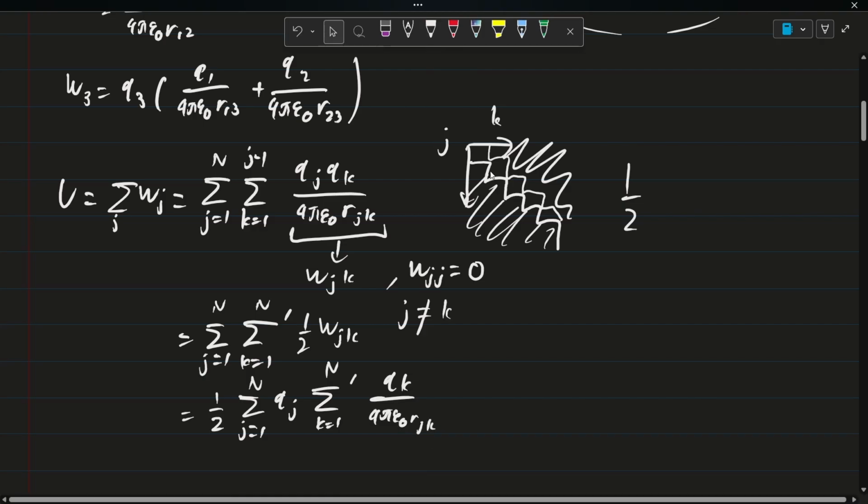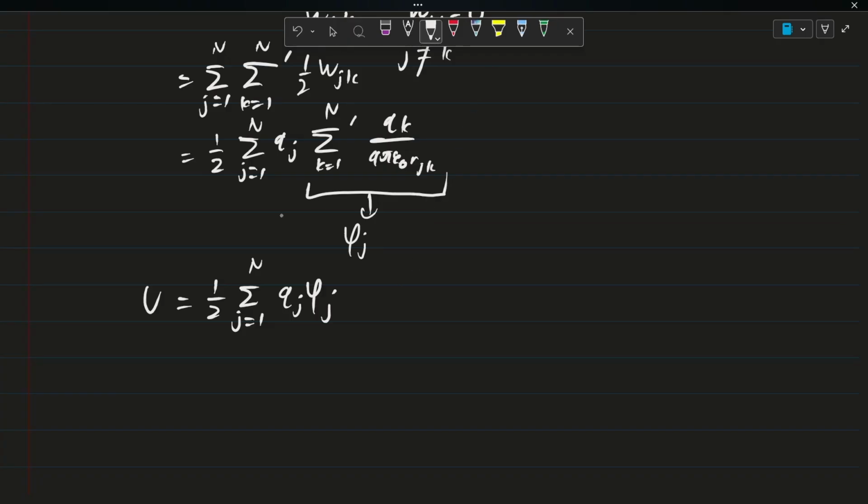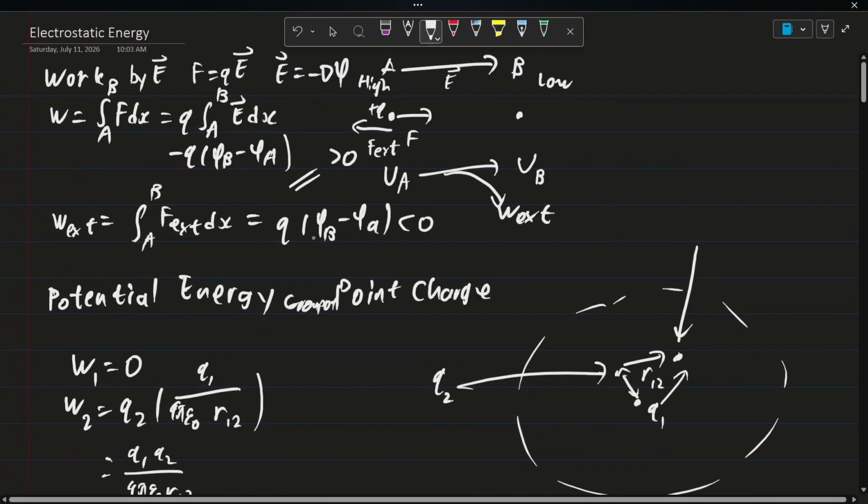Now this thing here at the right side, we call this the electrostatic potential phi j. So therefore, this is simplified to be the sum from j equals 1 until n of Qj times phi j. So why is there a difference between this potential energy as well as the work?